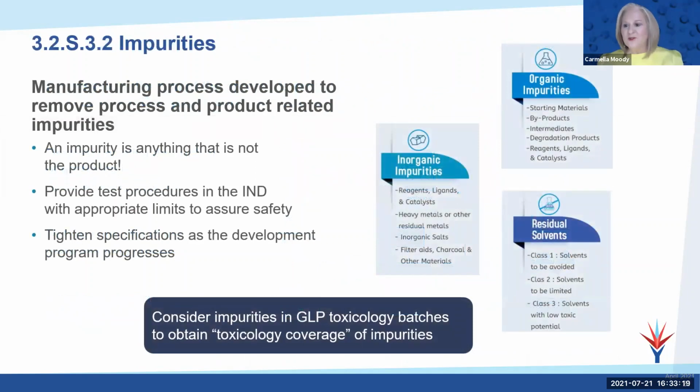Okay, the other thing that's really important to understand is impurities. So from the FDA perspective and other regulatory agency perspective, an impurity is anything that is not your product, not your active ingredient. And that's true for a biologic or a gene therapy product.